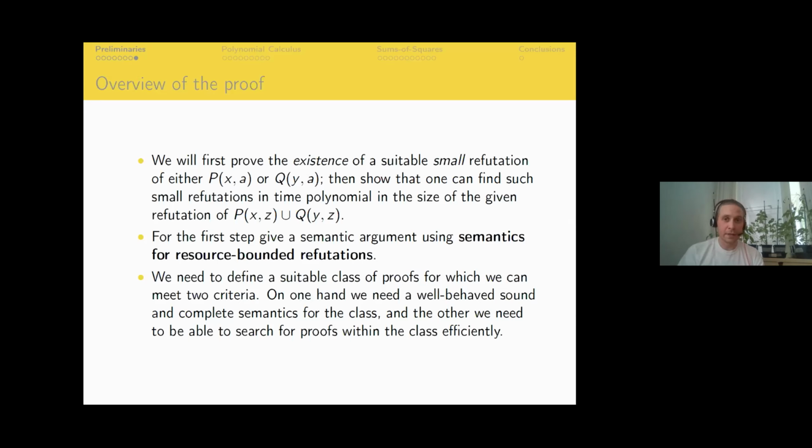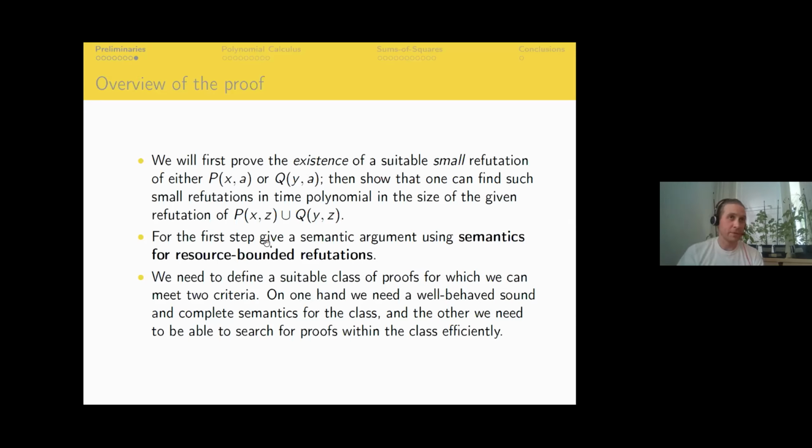And the basic idea here is, where do we get the necessary information? What is the class that we need to consider? Within which class are we looking for the refutation of this P(x,a) or Q(y,a)? Well, that information comes from the given refutation of this conjunction.